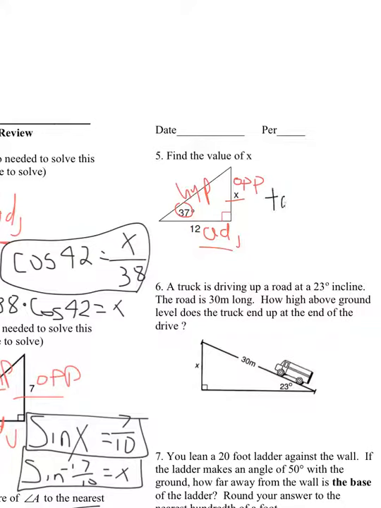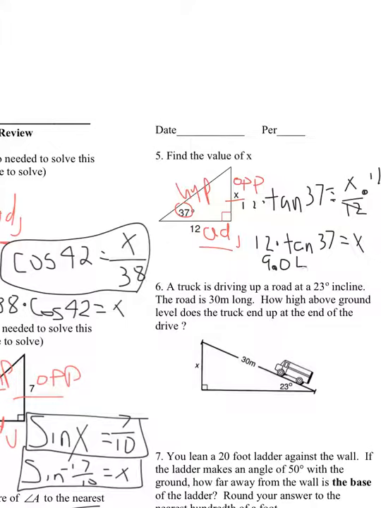So that's tangent 37 equals opposite x over adjacent 12. Simply multiply the 12 to both sides. And 12 times the tangent of 37 is 9.043.